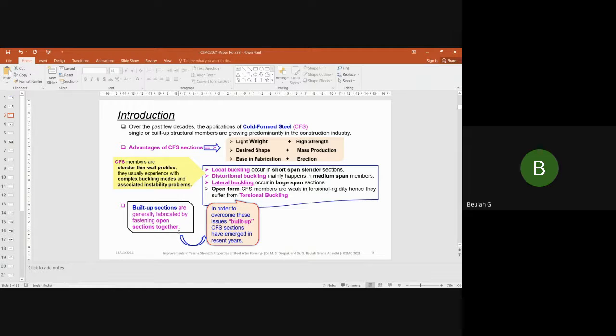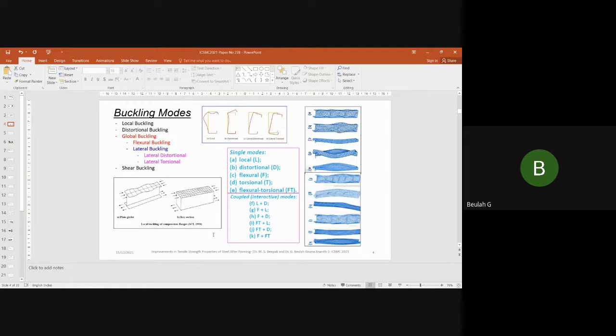The main advantages of the built-up sections are that they can be fabricated into different formations, either as box shapes or open shapes, put together as two different components or a multiple number of components. People have tried many different cross sections, and when you study the exact configurations of any section, we need to find the basic properties of the steel.